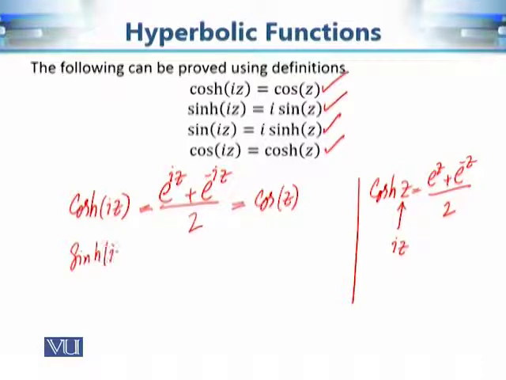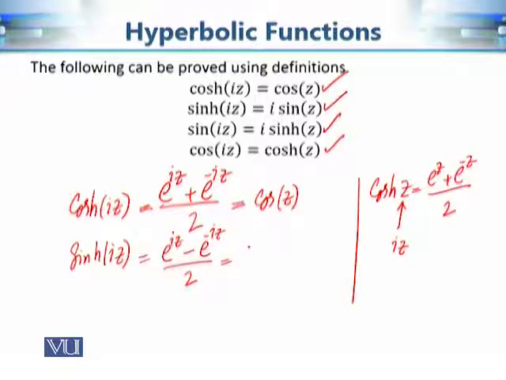Okay, and similarly the next property, sine hyperbolic iota z is going to be equal to iota sine z. Okay, so basically once again replacing z with iota z in the definition of sine hyperbolic function, minus iota z divided by 2. Now we know from our discussion of trigonometric functions that this is going to be equal to sine, but only if there is 2 iota in the denominator.